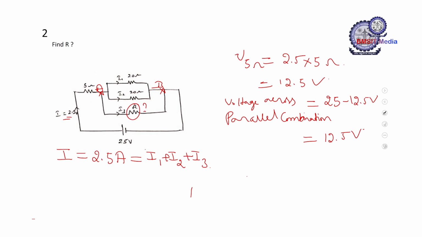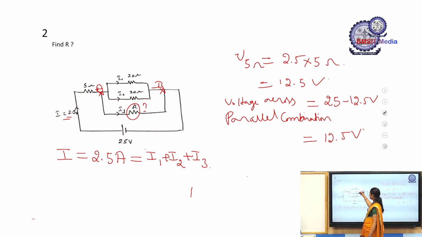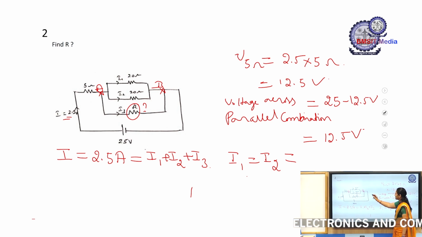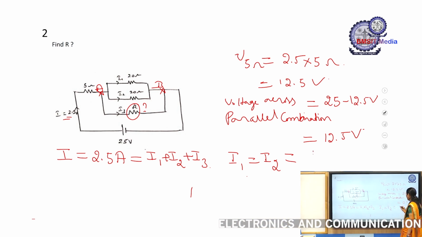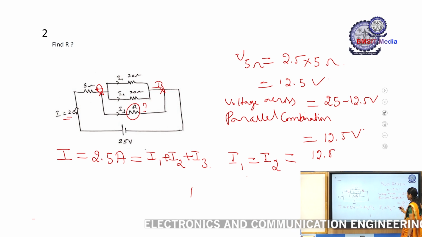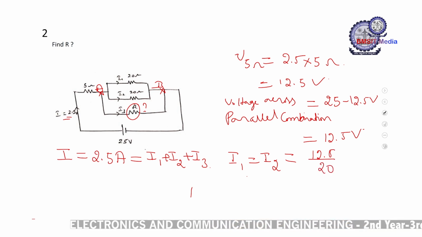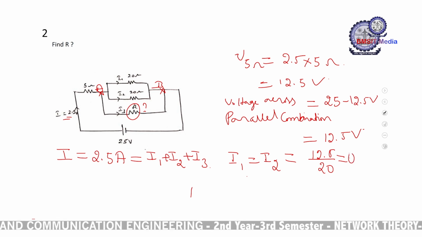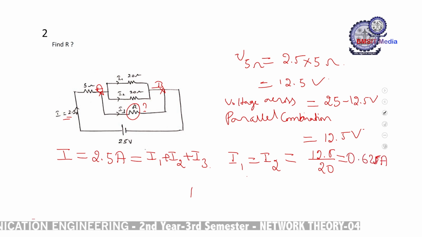Since I1 and I2 are flowing through resistors of the same value, I1 will be equal to I2, which is equal to the voltage across the parallel combination, that is the voltage across A and B, 12.5 by 20, which is equal to 0.625.